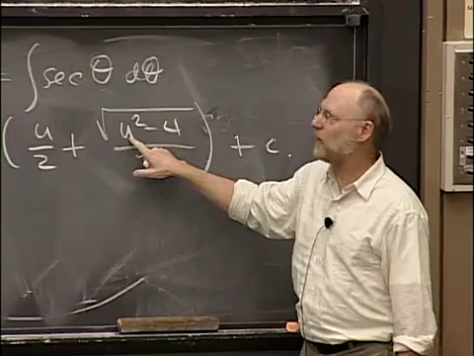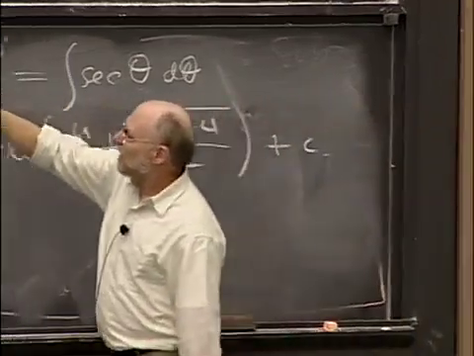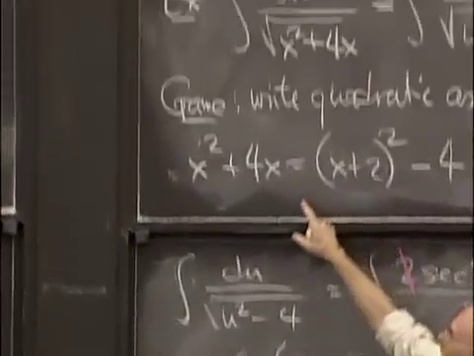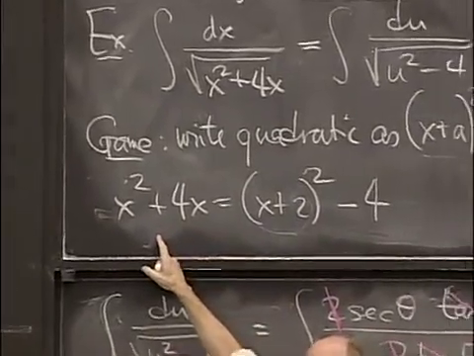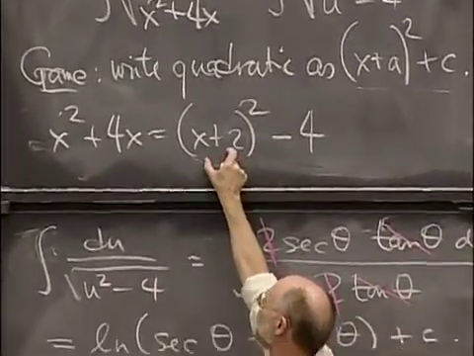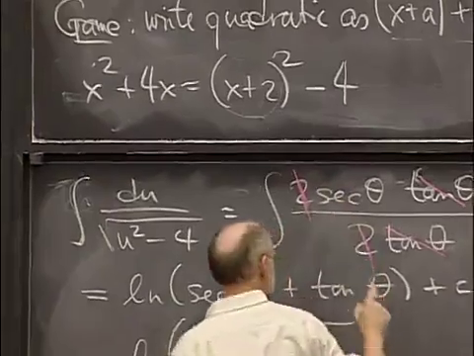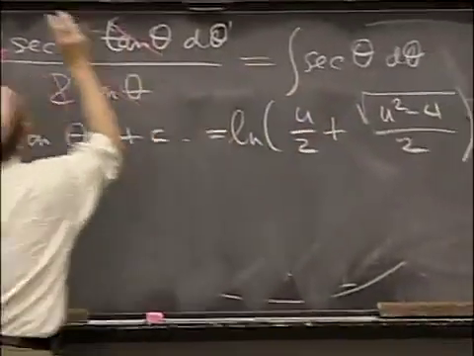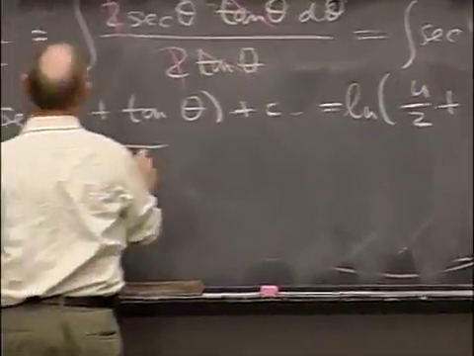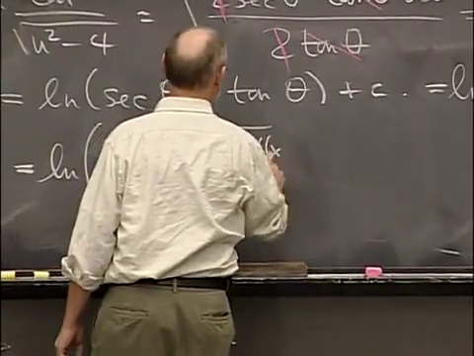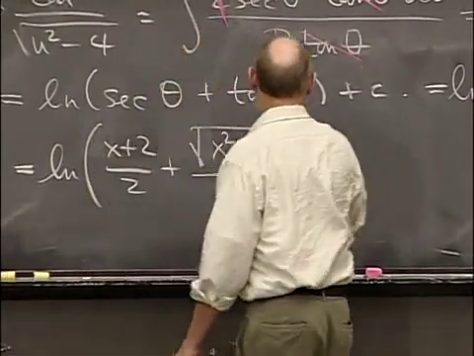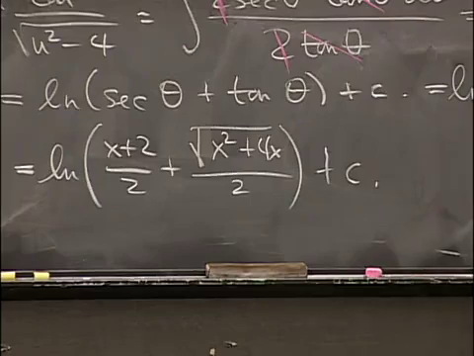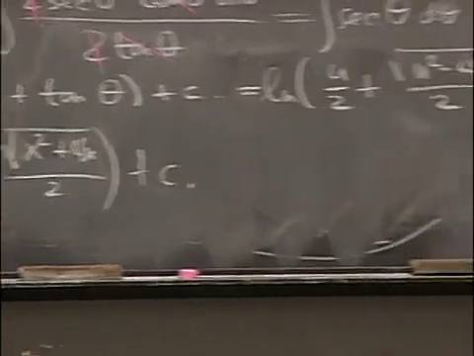You know what you get. You get exactly what we started with, right? If I put x plus 2 in place of the u here, I get x squared plus 4x. So I've gotten back to a function purely in terms of x.